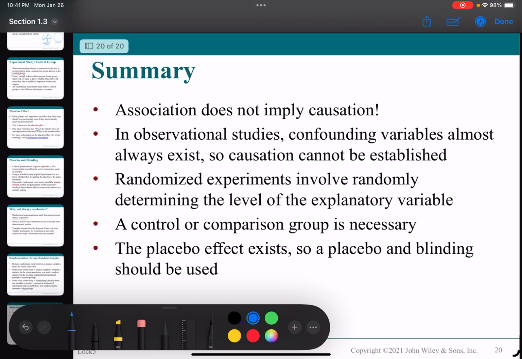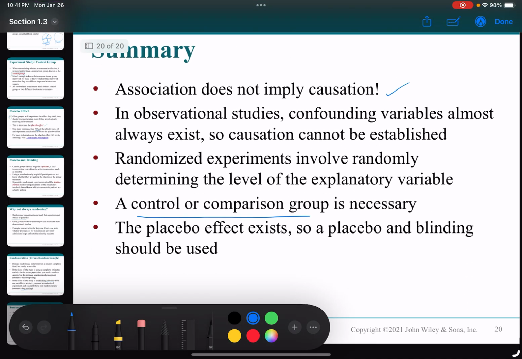So in summary, here we talked about association, causation, and also observational studies and experiments. How randomization is involved in an experiment, and also the control group, which is the group we give a placebo. Sometimes we call it a placebo group as well, and the placebo effect.